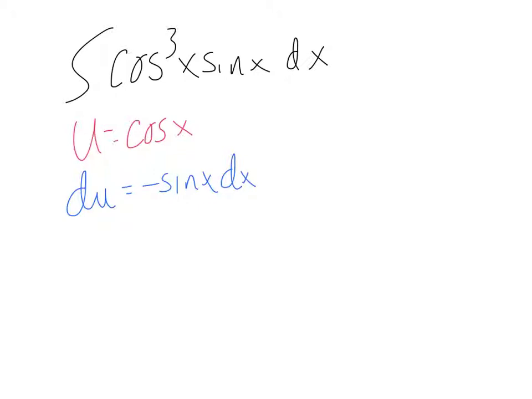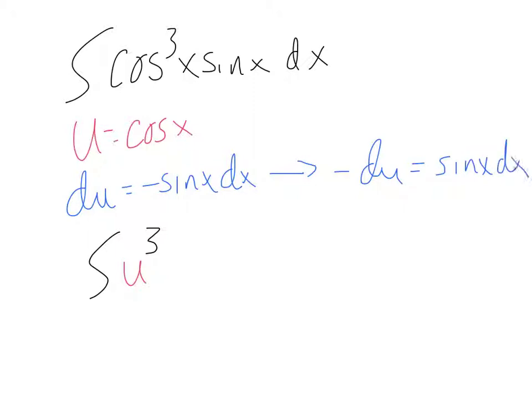So when we substitute in for this, we would take our integral, and we would take our u, and now it'd be cubed because that got substituted in for cosine. And then our du, the problem with it is that we don't have a negative sign. But if I change this and say it's negative du, then that would equal a positive sine x dx.